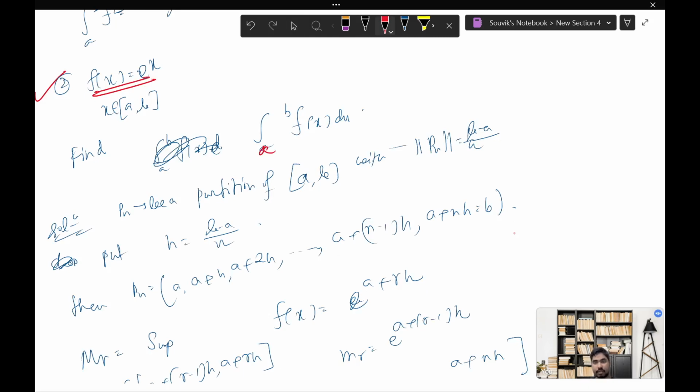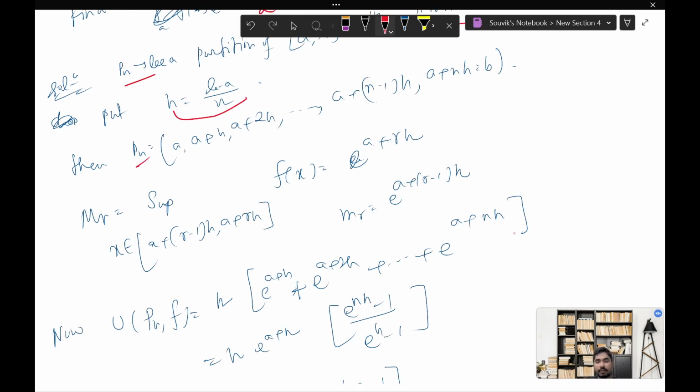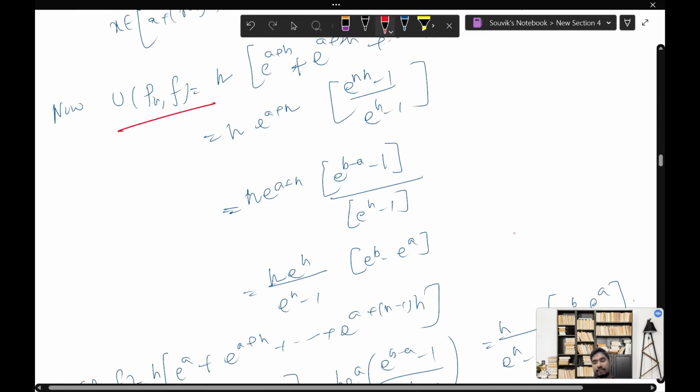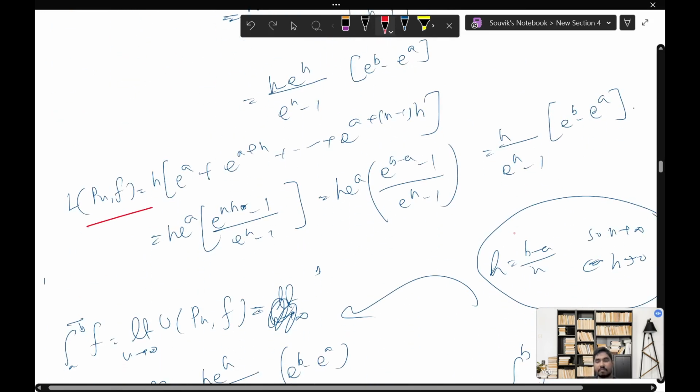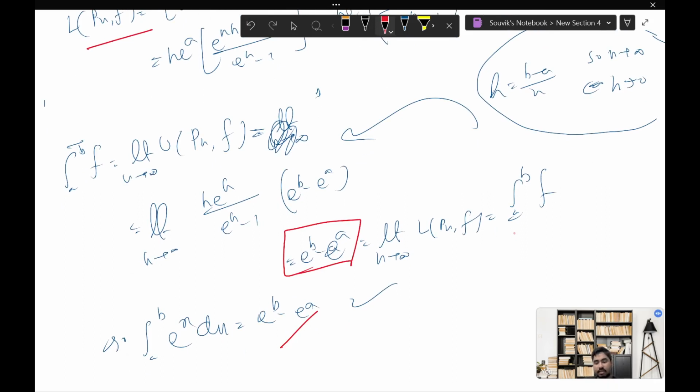Let P be a partition of [a,b], putting h equal to (b minus a) by n. We calculated U(P_n, f) and L(P_n, f), and found that both limits are equal to e to the b minus e to the power a. So the integral of e to the power x dx is equal to e to the b minus e to the power a.